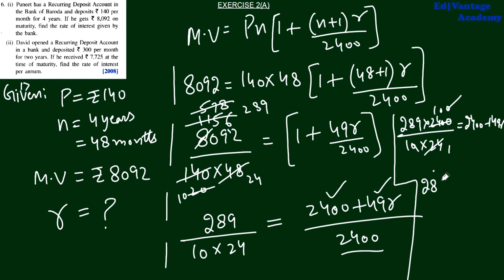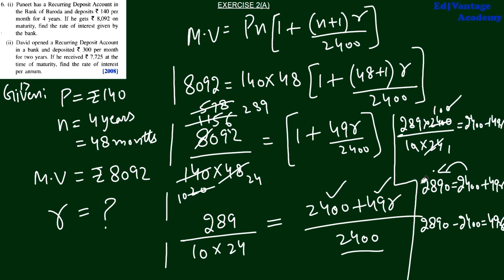That's 2890 is equal to 2400 plus 49r. Now as you know, 2400 will go to the other side. It is positive 2400, it becomes minus 2400. So 2890 minus 2400 is equal to 49r remaining on the other side.